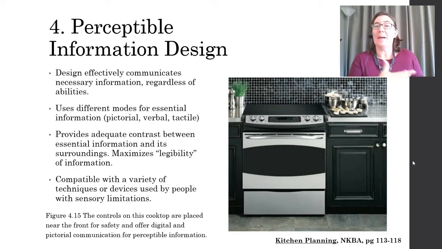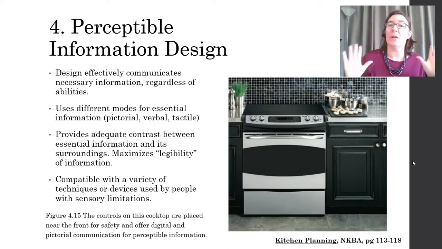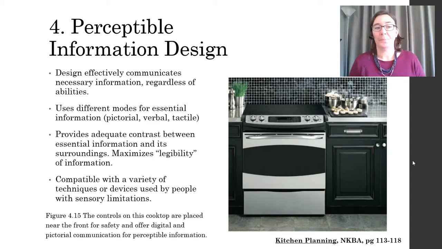Now, I think universal design principle number 4, perceptible information design, has a whole lot to do with the simple and intuitive use. I think they go hand in hand. All right. So for this principle, your design should effectively communicate all necessary information regardless of your user's abilities.